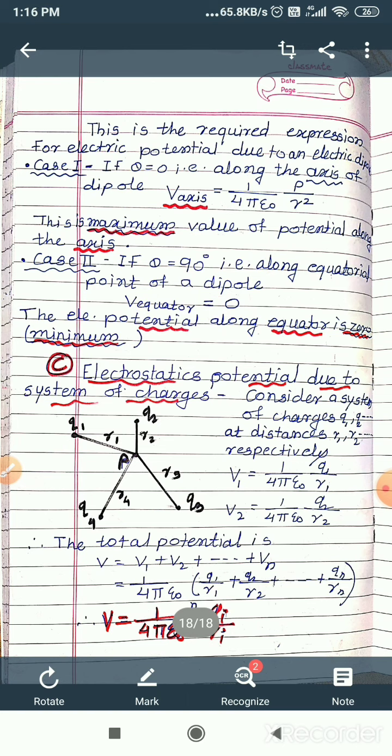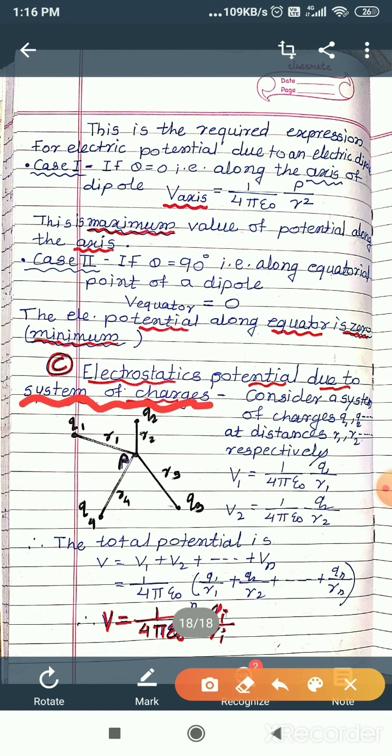Now instead of two charges, a lot of charges are there. Therefore, what is the electric potential due to a system of charges? A system of charges means more charges.